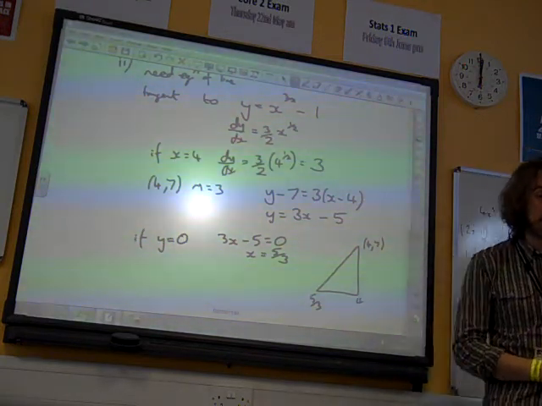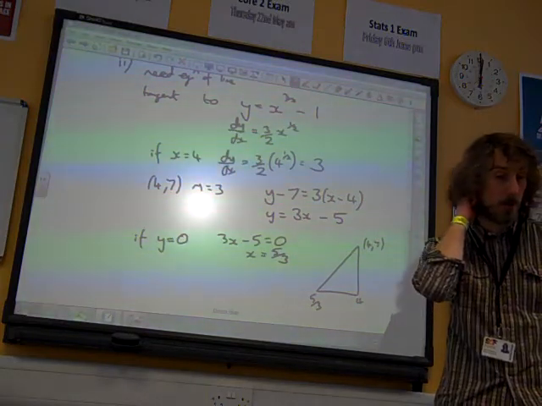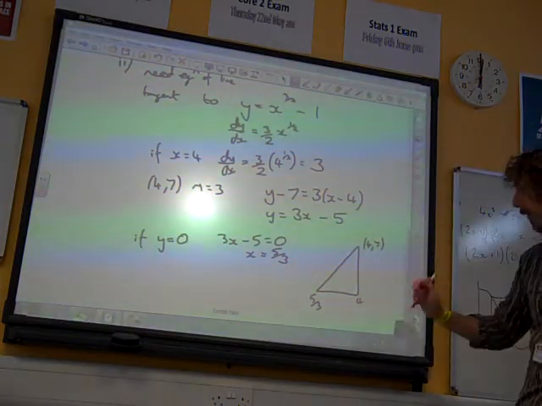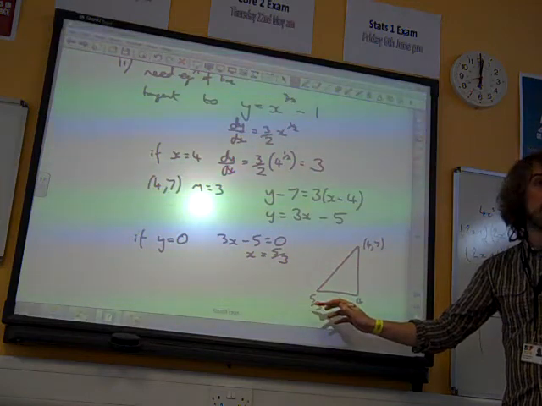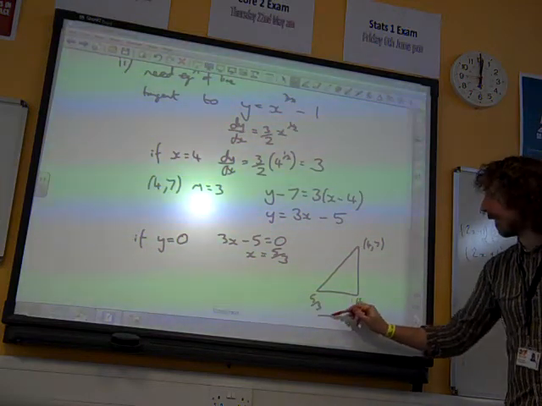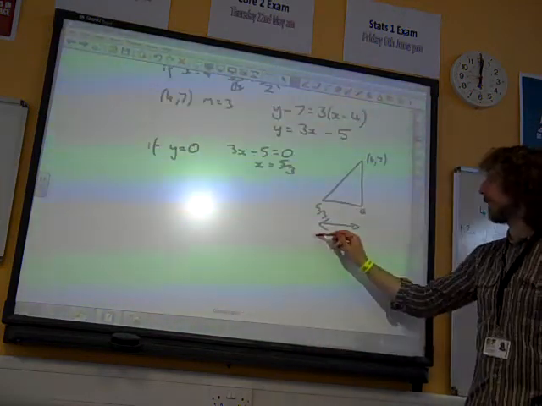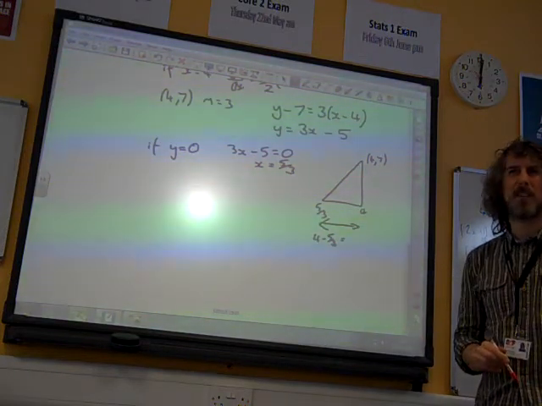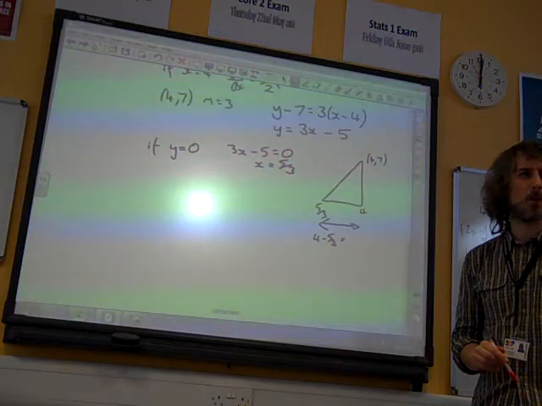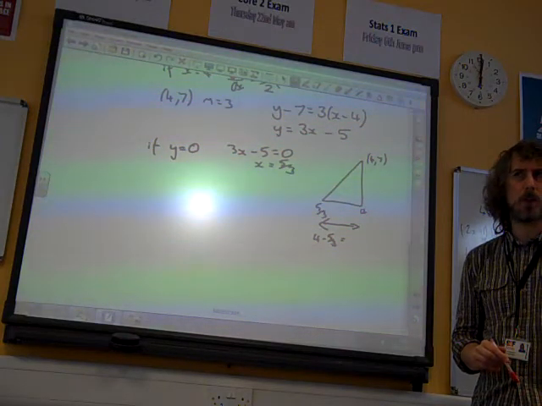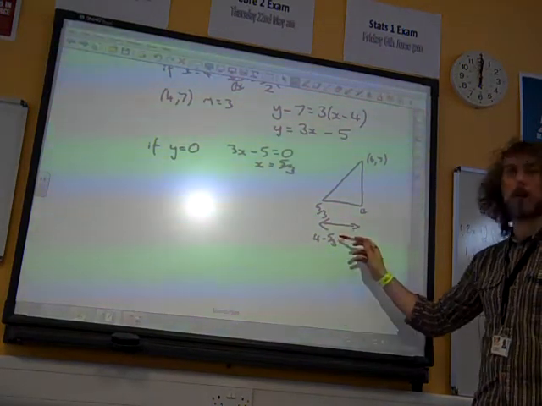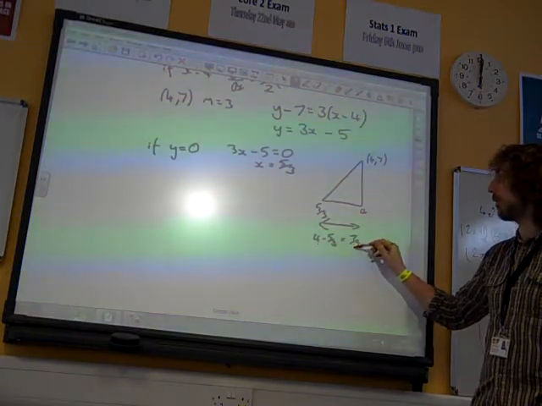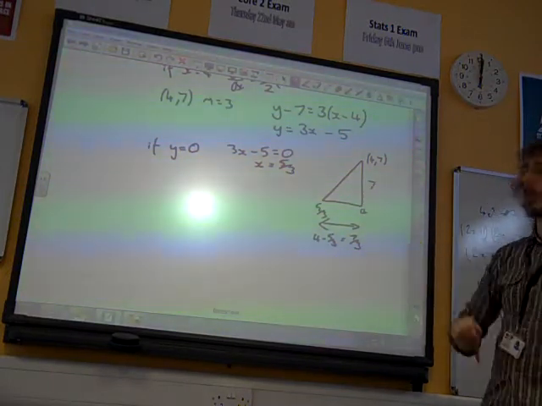And I want to find the area of my triangle. If that's 4 and that's 5 over 3, then that distance there is 4 minus 5 over 3, which is 7/3, isn't it? 4 would be 12/3. Take away 5 gives me 7/3. That height there is 7.